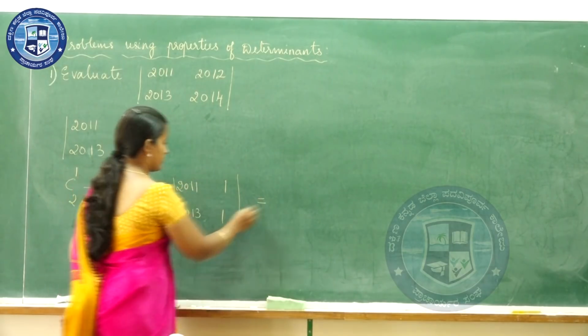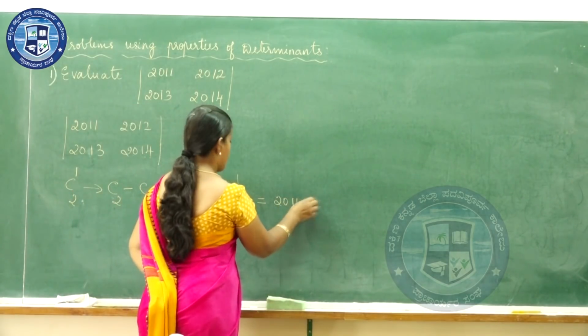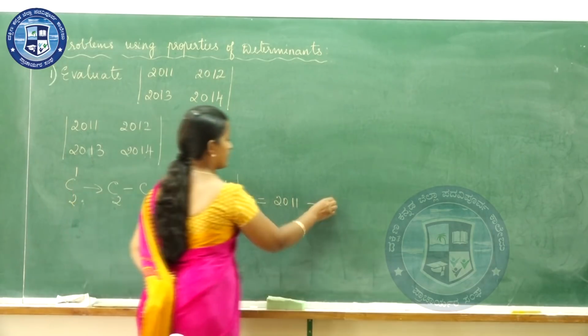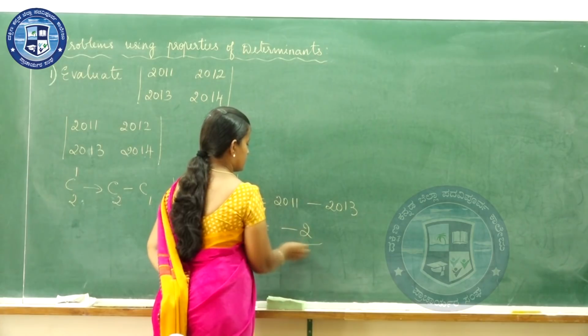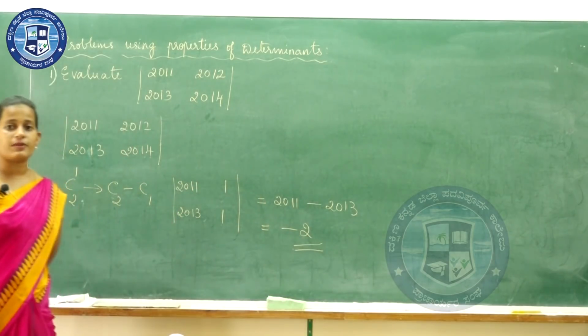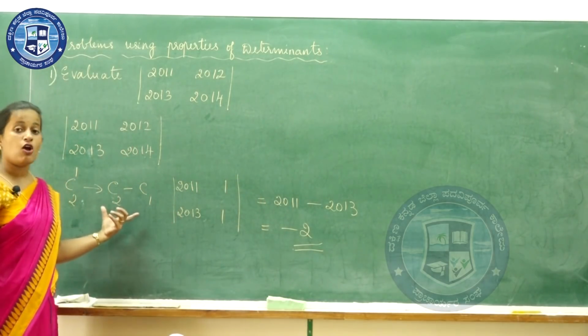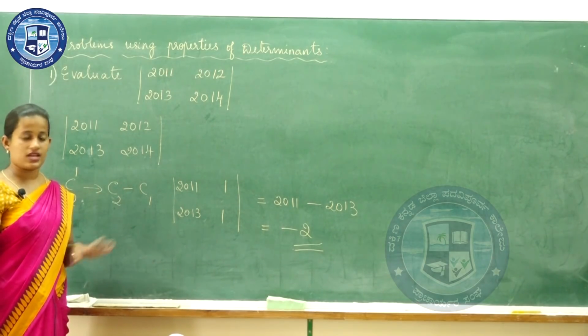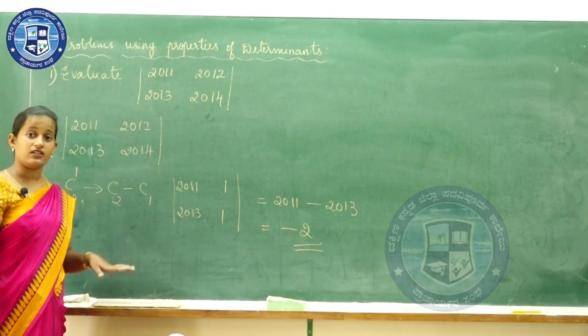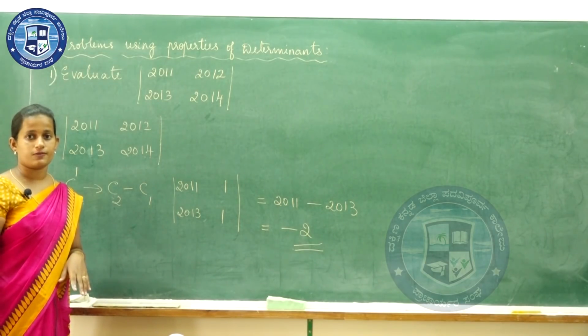So, 2011 into 1 is 2011 minus 2013 into 1 is 2013. So, 2011 minus 2013 is minus 2. So, the answer will be the same, whereas this is another way of using column operations. You can use column or else rows. Answer will be the same. It is better you know both the ways.